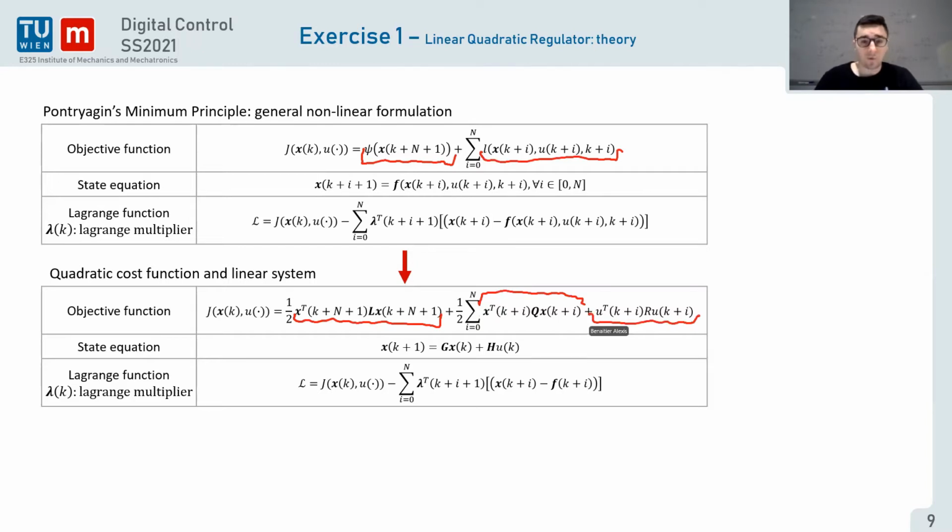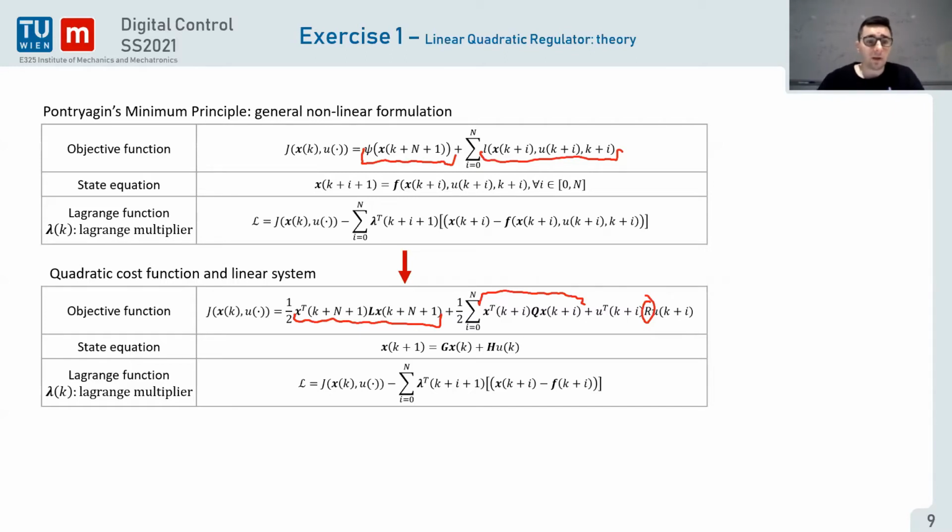So it's x transpose Q x plus u transpose R u. Here, we're considering a single input, so R is a scalar, just one value. If you have multiple inputs, it's a matrix, but not in mine. And we're also weighting the states with this Q matrix.